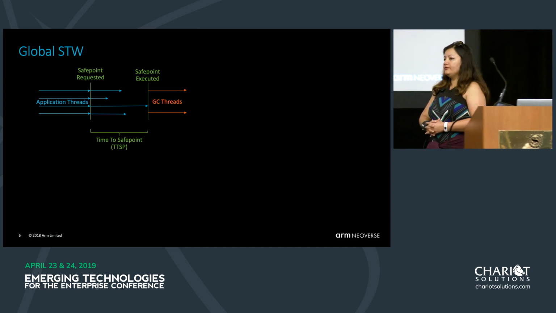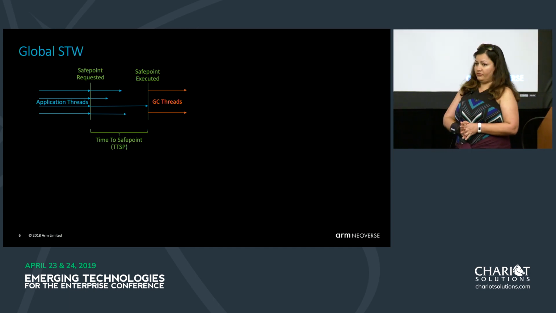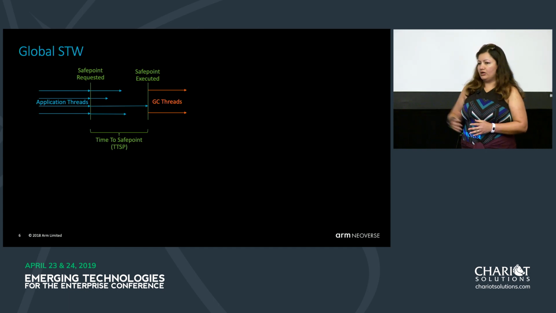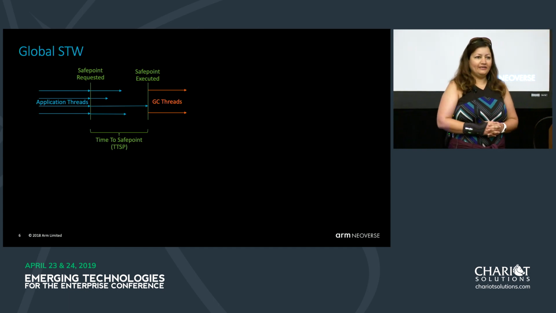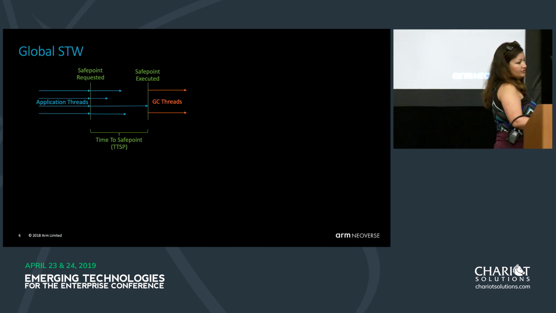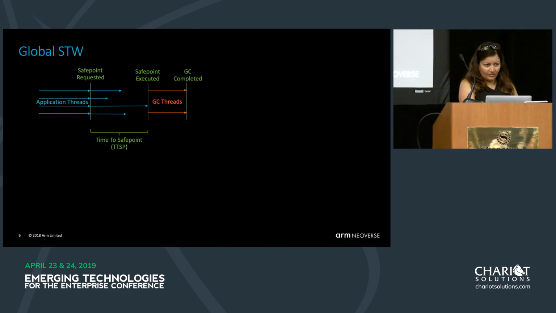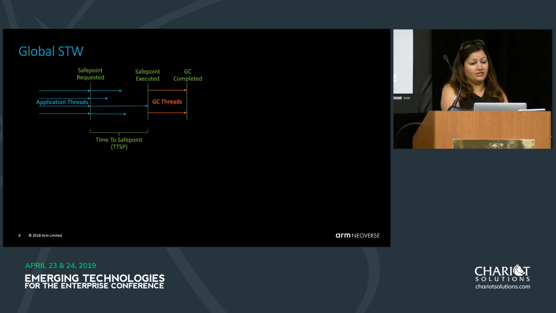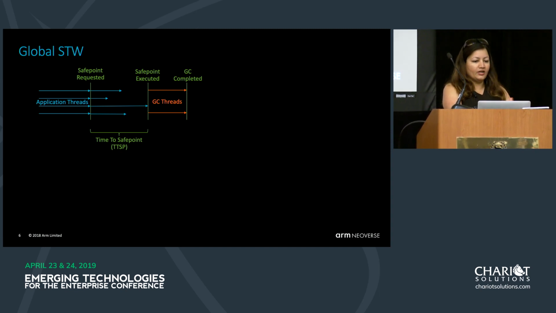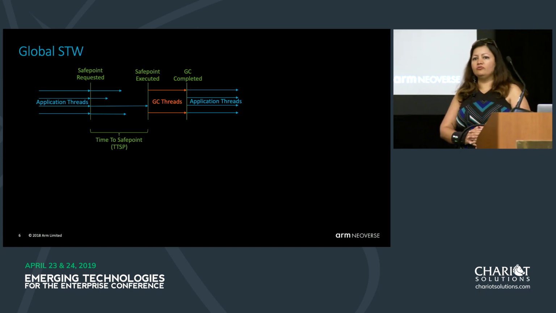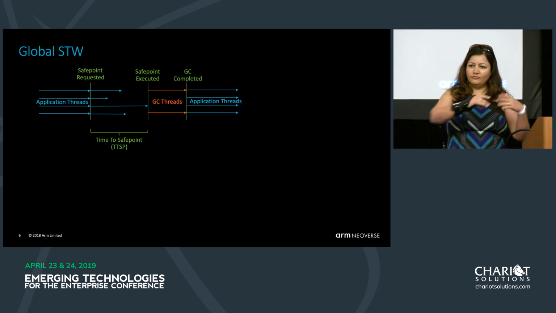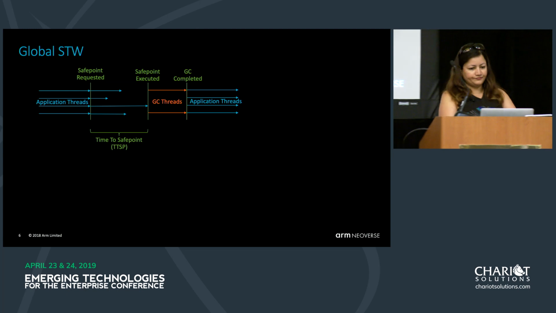Because this is Stop the World, once the safepoints are reached, we do garbage collection execution, which means all garbage collection threads will kick in and start collecting garbage. And I'll explain what that means for each of these collectors. After the GC is completed, your application threads will resume, mutating the object graph.